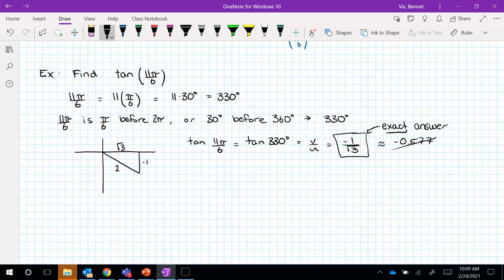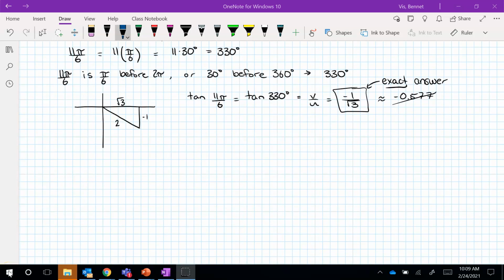Okay, let's do maybe one more example. All right, we'll do another example. Let's say, find the exact value. Let's do a tougher one: cosecant of 4 pi over 3.